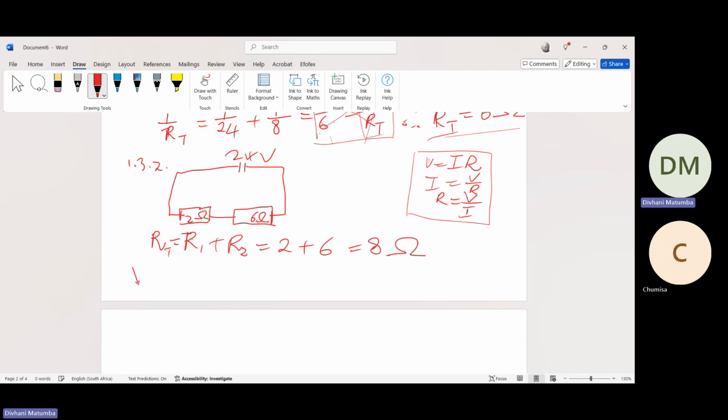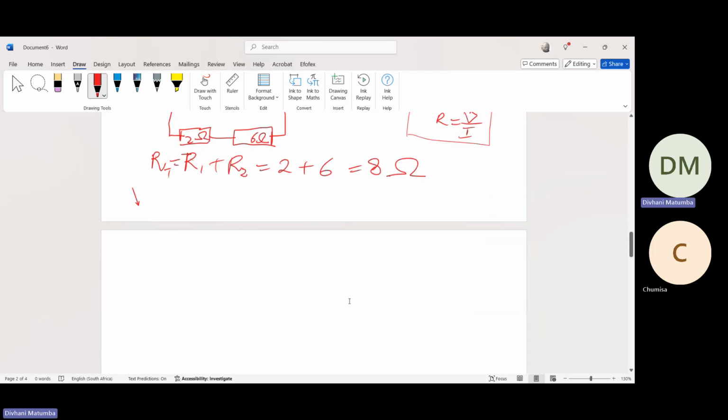At the end, we must have V total is equal to I total times R total.